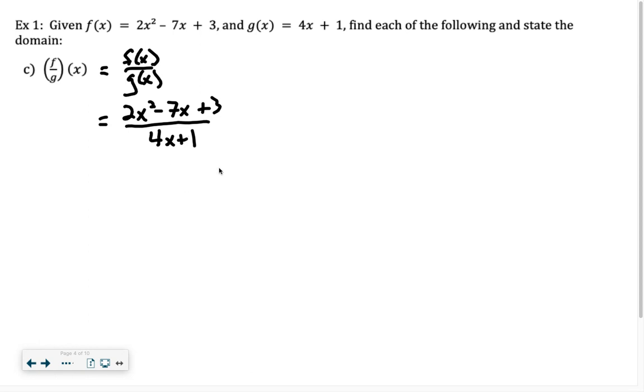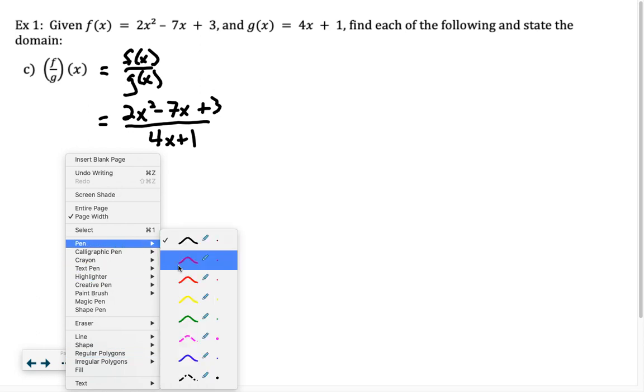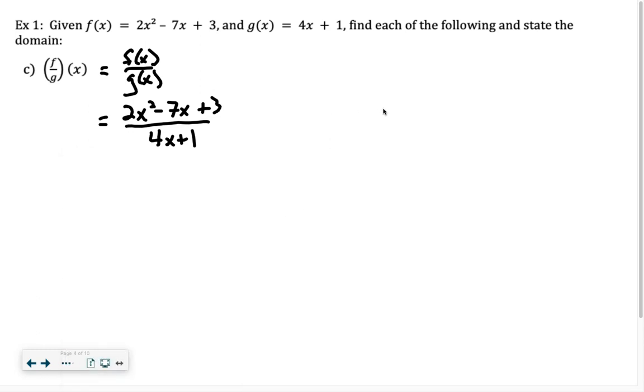We would want to try to simplify this if we could. The only way that we could potentially simplify would be to factor the numerator. So let me come off to the side here and see if we can factor that.